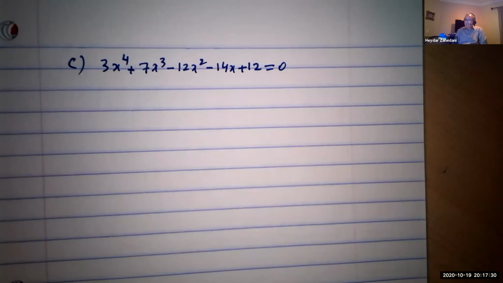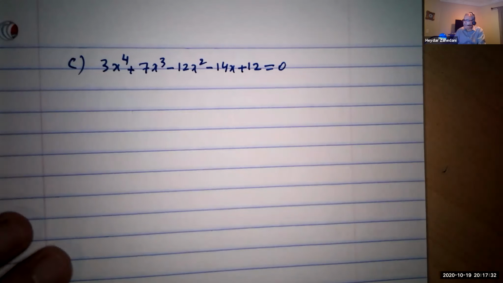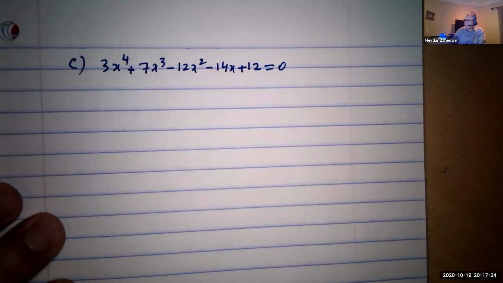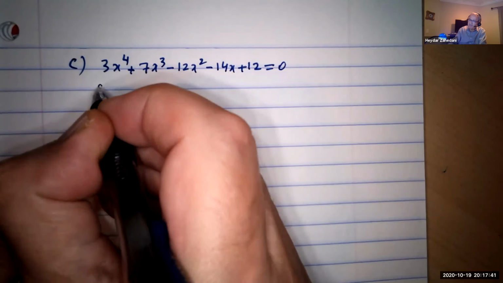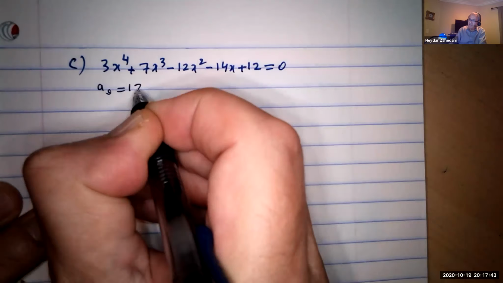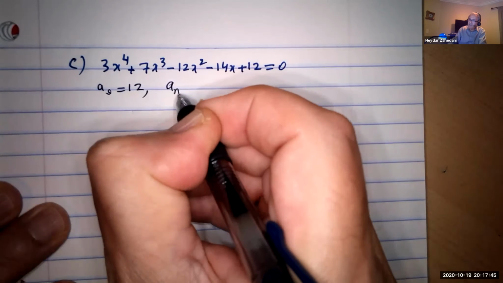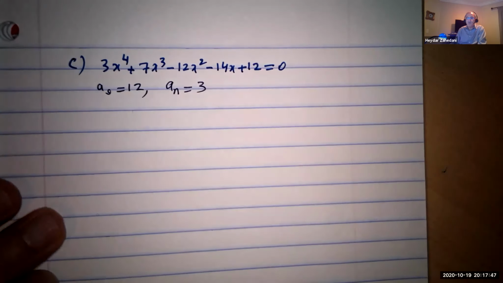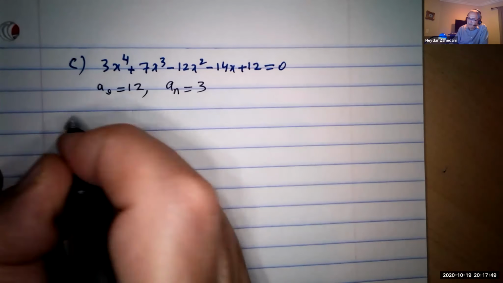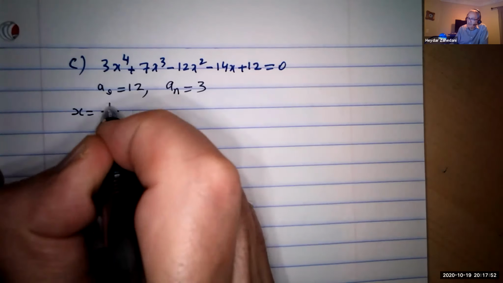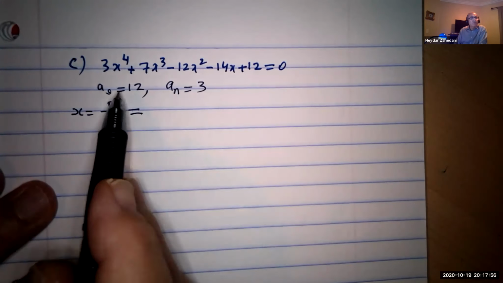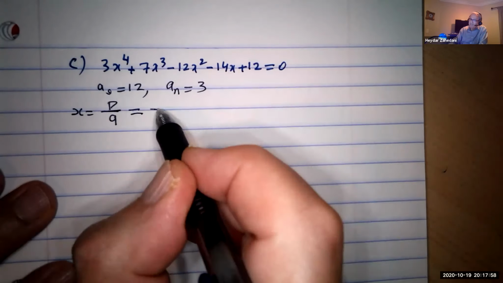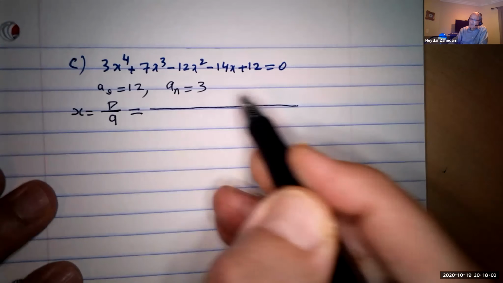Okay, so let's try. We have to check the possibilities first. So your A0 is 12 and the AN is equal to 3. Check the possibilities. So your x is going to be p over q. The p is the divisors of 12, which is quite a lot. Divisors of 12 are going to be what?